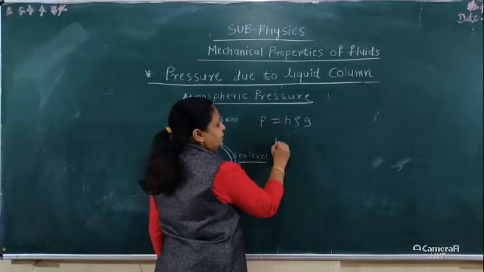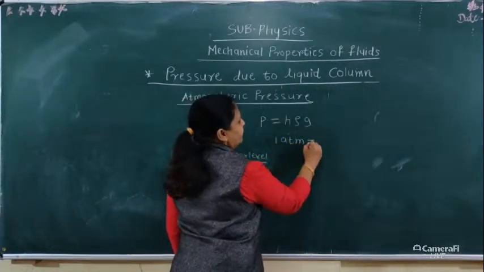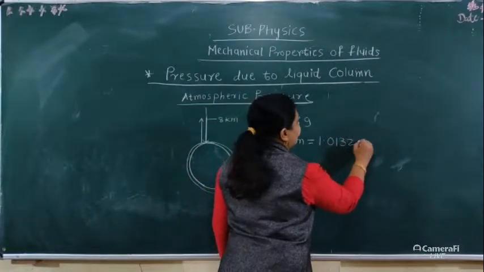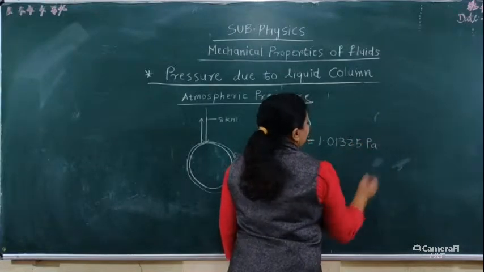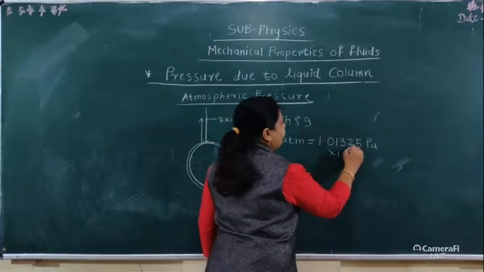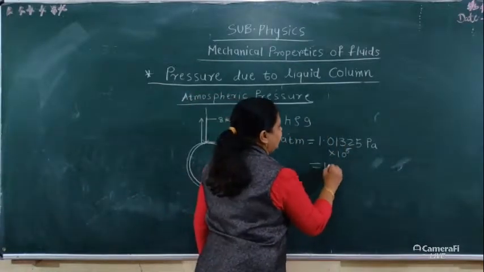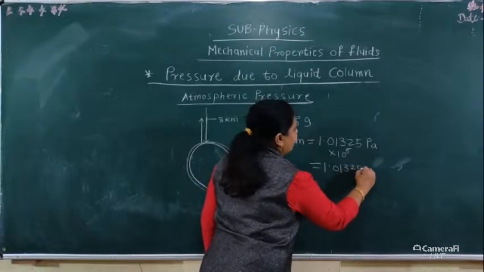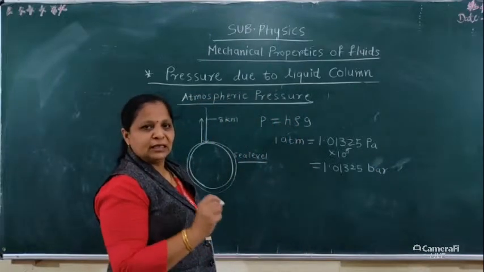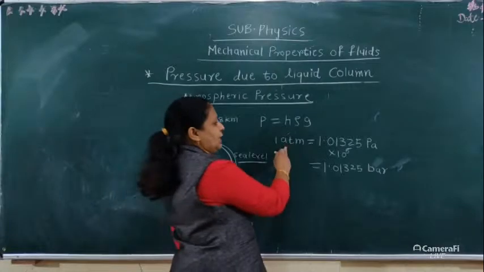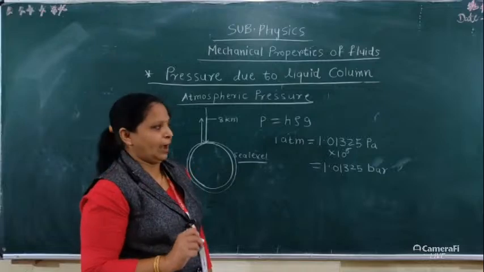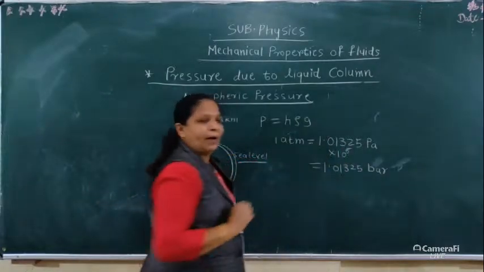This normal atmospheric pressure, 1 atmospheric pressure, is equal to 1.01325 into 10 raised to 5 Pascal, or 1.01325 bar. ही व्हॅल्यू जी आहे ॲटमॉस्फेरिक प्रेशरची ती तुम्हाला लक्षात ठेवायची आहे. सो 1 ॲटमॉस्फेरिक प्रेशर इज इक्वल टू 1.01325 into 10 raised to 5 Pascal.